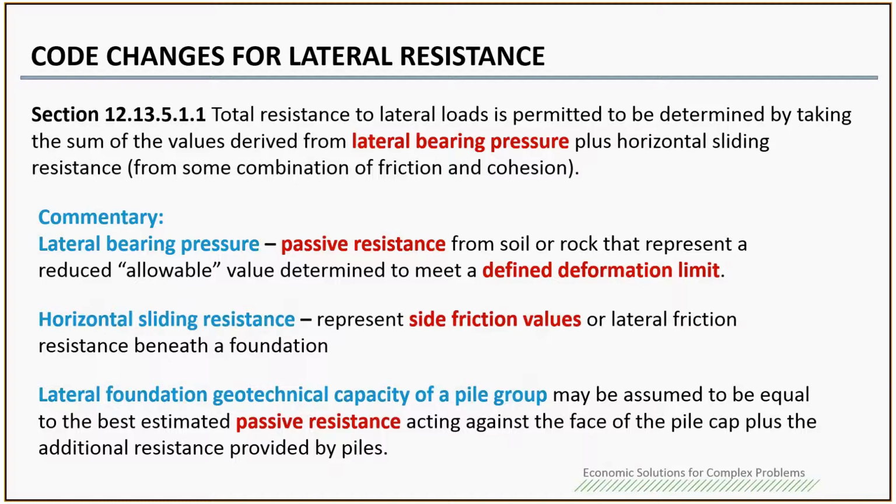If you want to get a pile group capacity, now you can consider part of the passive resistance of the pile cap. So this could be very beneficial for your pile foundation design, particularly when it's very challenging to lay out the piles for a limited footprint to get enough lateral capacity.